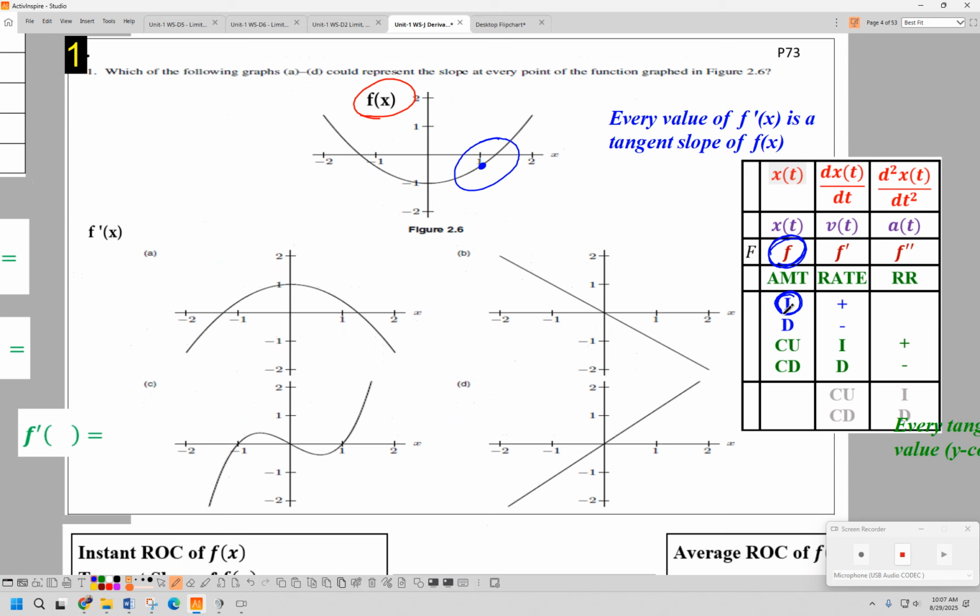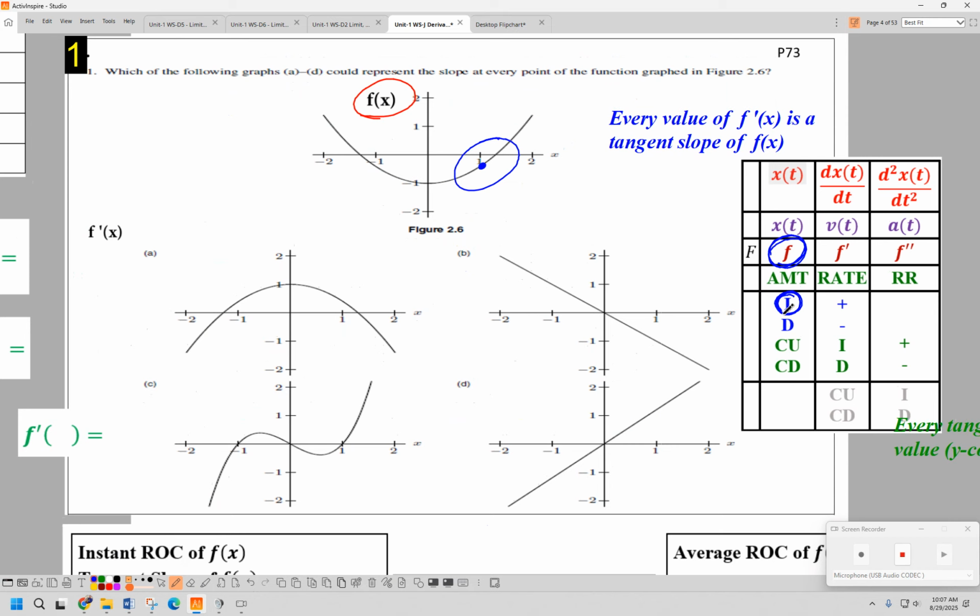So everybody say it together. Right here on F, in this vicinity, are the values of F going up or going down? Say it. They're going up. They're increasing. That's what that means. But in order for the values of F to increase, that means they must be changing. And if they're going up, they're changing in a positive way.